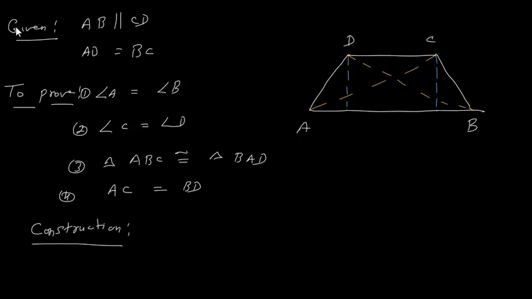Now if I do this construction, then first of all, DE and CF are going to be equal because they are the distance between two parallel lines. Then angle DEA is 90 degrees, CFB is 90 degrees because of the construction, and AD is equal to BC, which is given. AD and BC are hypotenuse. So by RHS, these two triangles are congruent. Therefore, I can prove that angle A and angle B, which are corresponding angles, are equal.